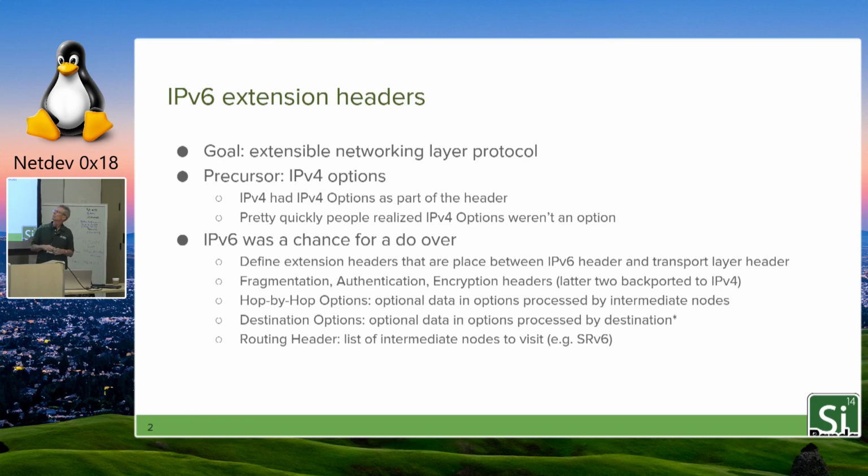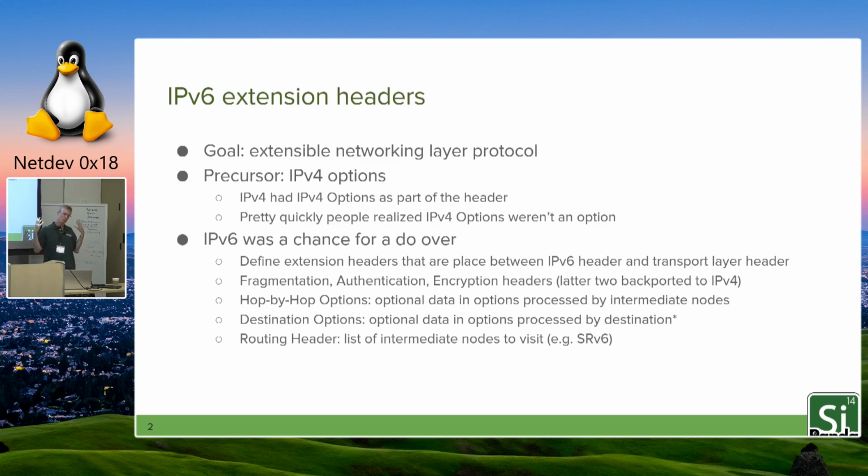Those were kind of useful options to a varying degree, but the more interesting ones, at least for this discussion, are the hop-by-hop and destination options. And of those two, hop-by-hop options are the most interesting.